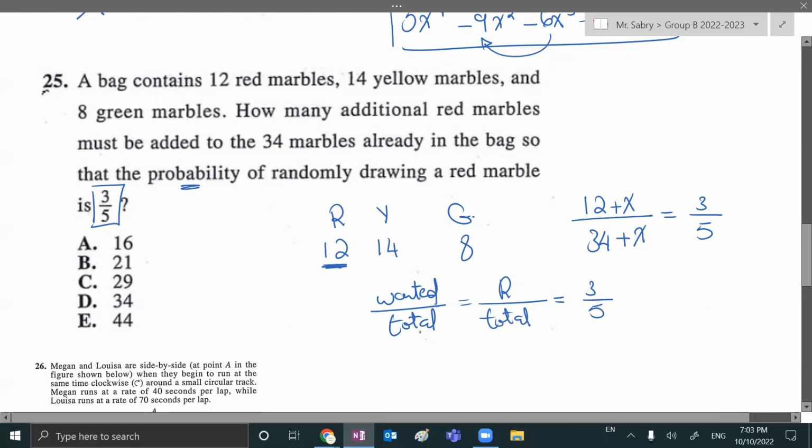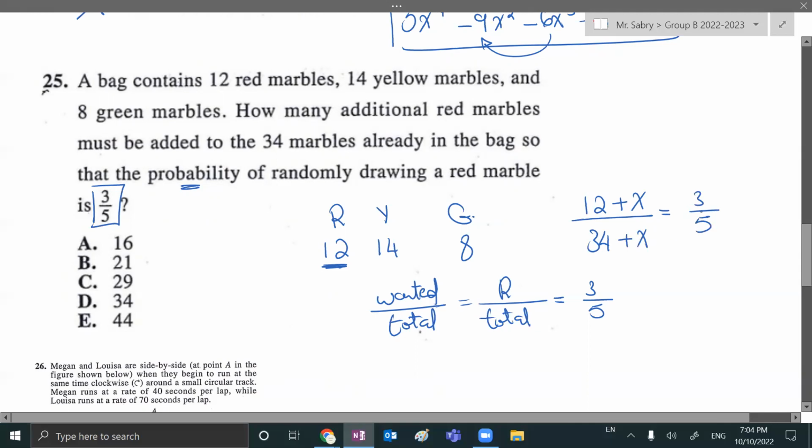Right now, they're not 3/5, they're actually 12/34. But I'm going to add a number of red marbles that I don't know, and whatever I add to the red marbles will increase the total by the same amount. So if I added 3 marbles to the red, the total will become 37. If I added x marbles to the red, the total will become 34 plus x. I need this to become 3/5.